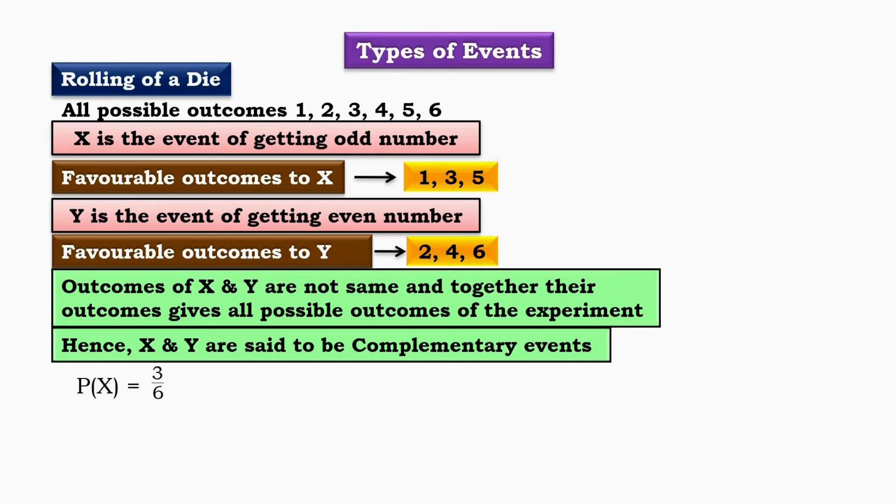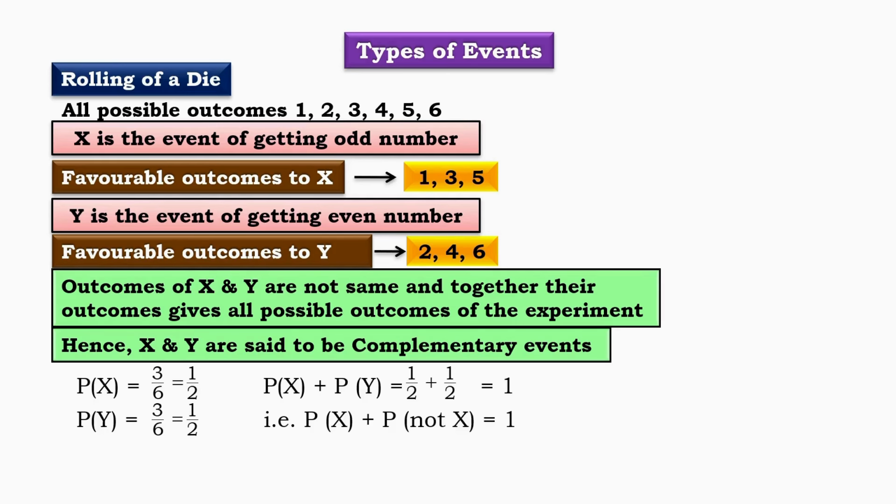So P of X here is 3 by 6, since the favorable outcomes are 3 and the total number of outcomes is 6. Simplified, that is 1 by 2. Similarly P of Y is also 3 by 6, which is equal to 1 by 2. Now if we add 1 by 2 plus 1 by 2, we get 1.